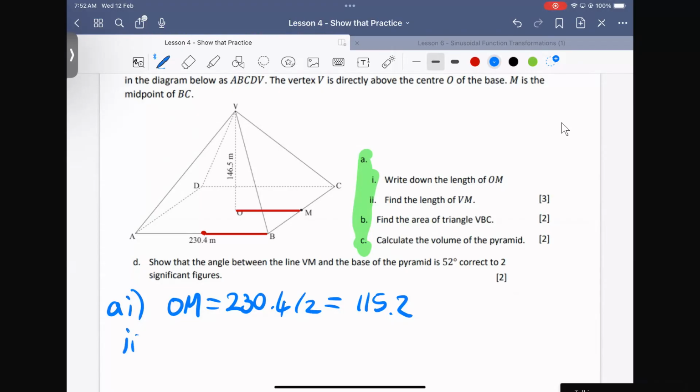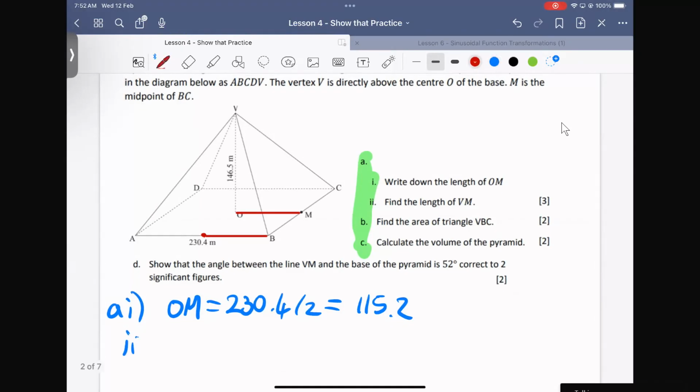Secondly, we need to find VM. VM is going to be flat on that face like this, coming down to this point here. It's at the midpoint there. So we're going to get a right angle here, and this is lying on the face of the side. So we've got a right angle triangle now in VOM, so we can use Pythagoras' theorem.